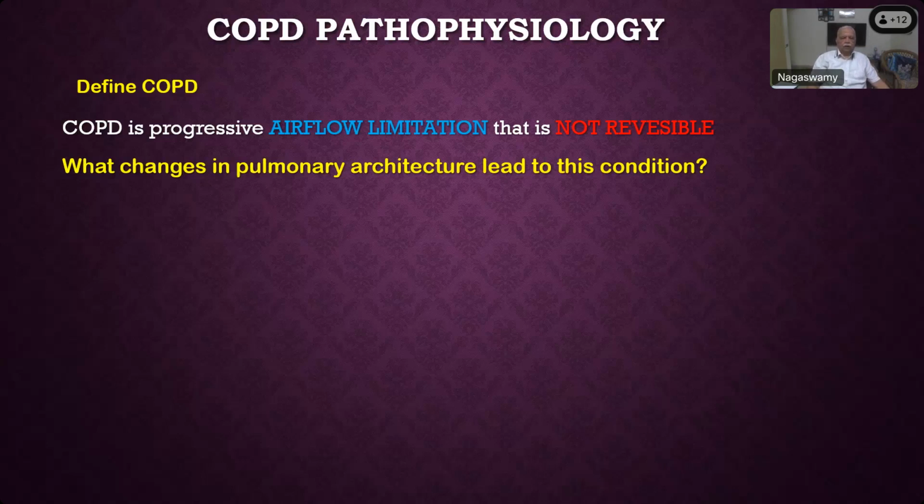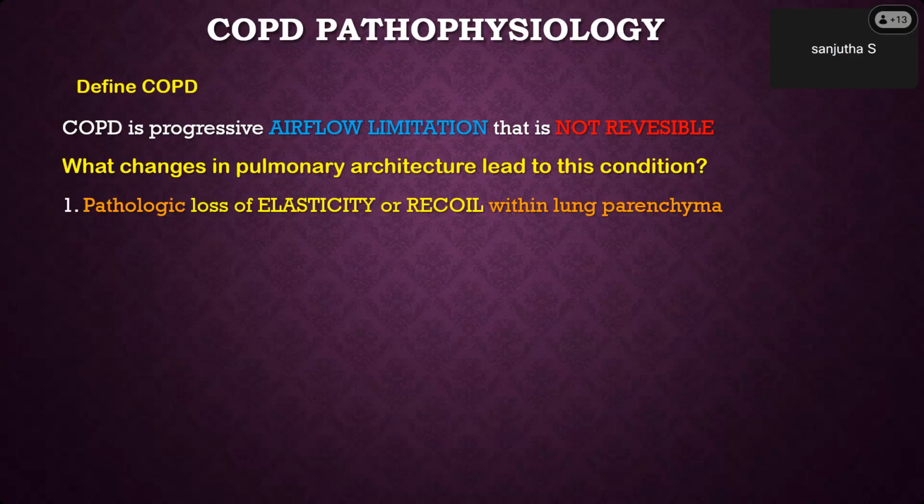So in which part of this tracheobronchial tree do the changes happen? Sir, both larger and smaller airways and lung parenchyma. Both larger and smaller. You mean then the trachea and the major bronchi also will be involved? Respiratory bronchioles only will be involved.